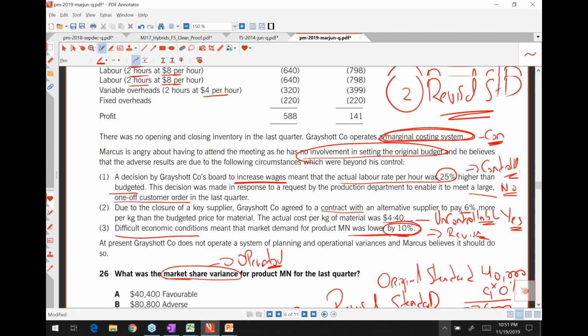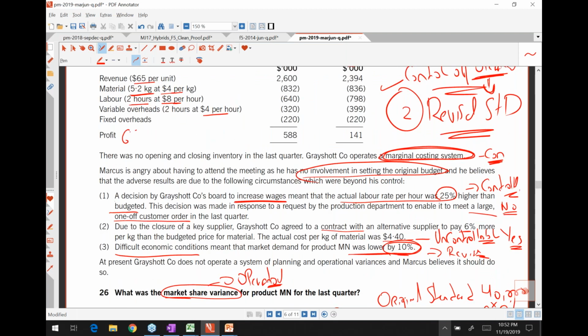See how? Selling price 65 minus material cost, 5.2 kg into 4 per kg. This is material cost, minus labor cost, 2 hours into 8 per hour.